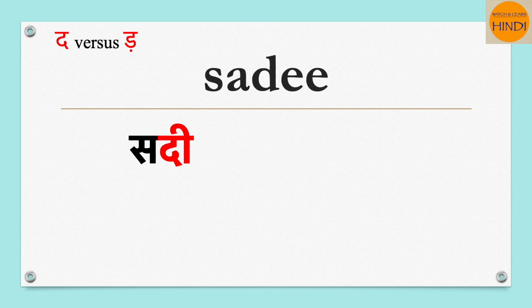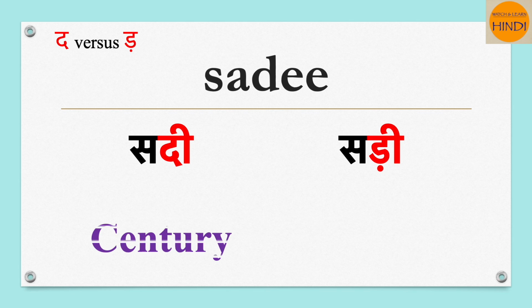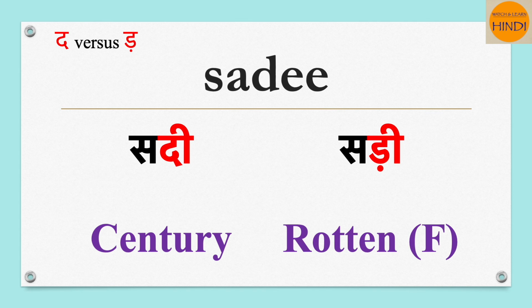This can be either sadi or sadi. Sadi is a century, sadi is the feminine version of the word rotten, as in sadi sabji, rotten vegetable, because sabji is feminine in Hindi.